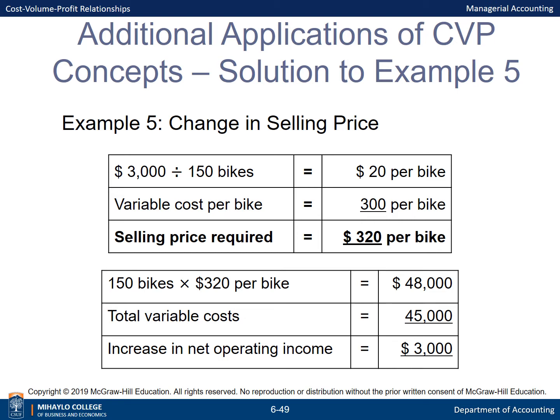Adding the profit to the $300 variable cost per bike means that the selling price required is $320 per bike. This price quote can be proven as 150 bikes times $320 per bike equals a $48,000 increase in sales. Total variable costs will be $45,000, resulting in an increase in operating income of $3,000.